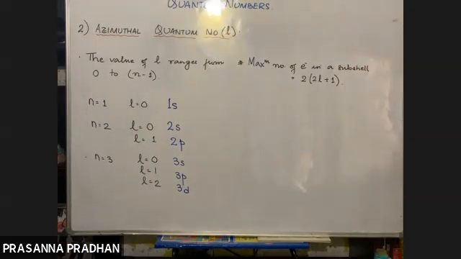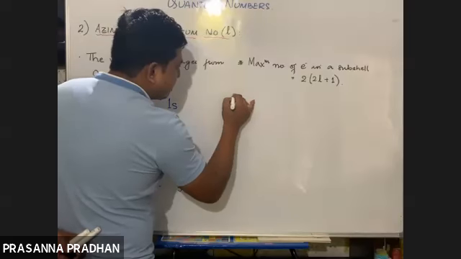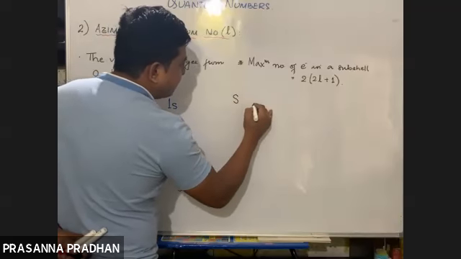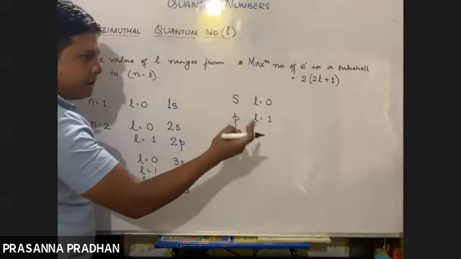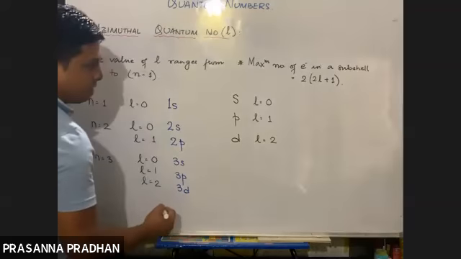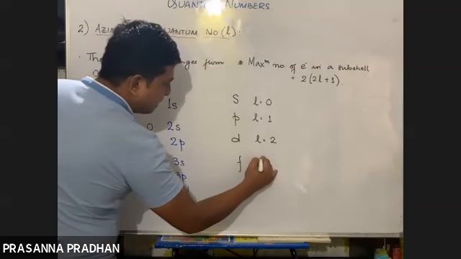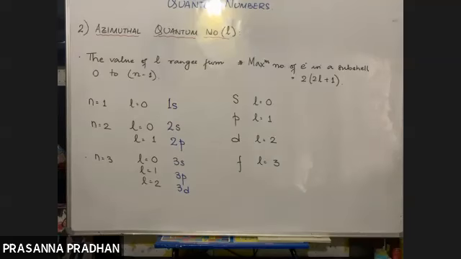In the S subshell, what is the value of L? 0. P subshell, L equals 1. SPDF is 0, 1, 2, 3. D, L equals 2. F, L equals 3.